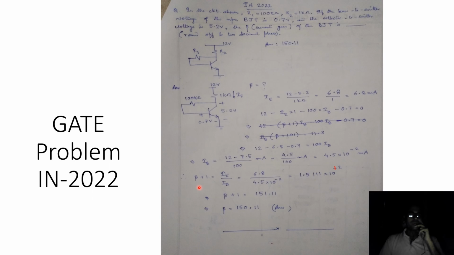Therefore, beta plus 1 being equal to IE by IB, we simply substitute the values of IE and IB derived earlier and come up with beta plus 1 equal to 151.11, and therefore beta is equal to 150.11.